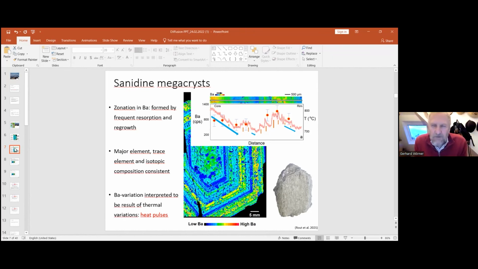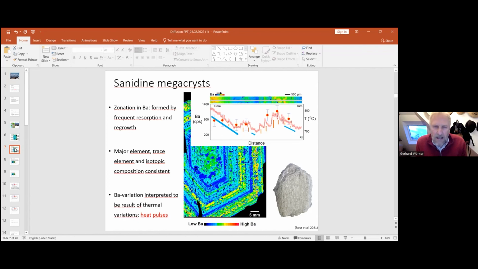I think it's very important to make it very clear that the boundary that was modeled for diffusion is always a resorption boundary. So we know there is resorption and growth, resorption and growth. Whatever the temperature and the solid is and water content, we observe from the growth texture that there is growth and resorption many times over.